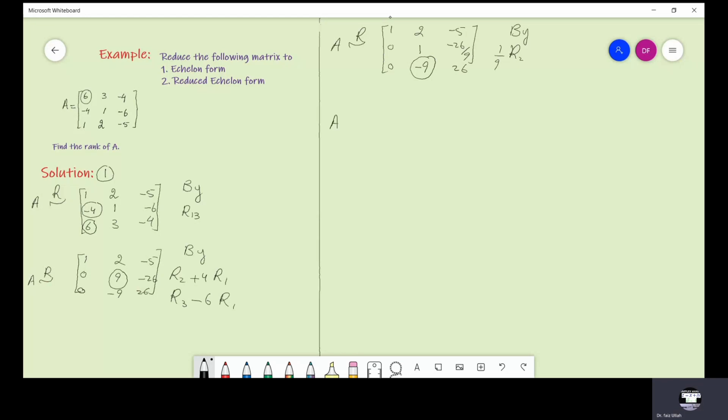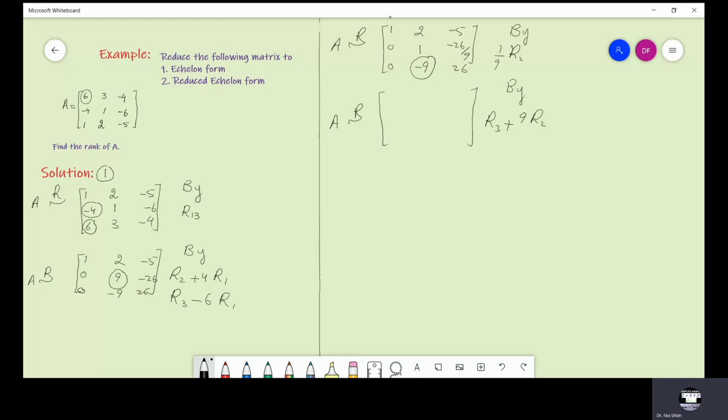So let us perform another operation, and we can write the operation always on the right hand side. So R3 goes to R3 plus 9 R2. Multiply row 2 with 9 and then add it to row 3.